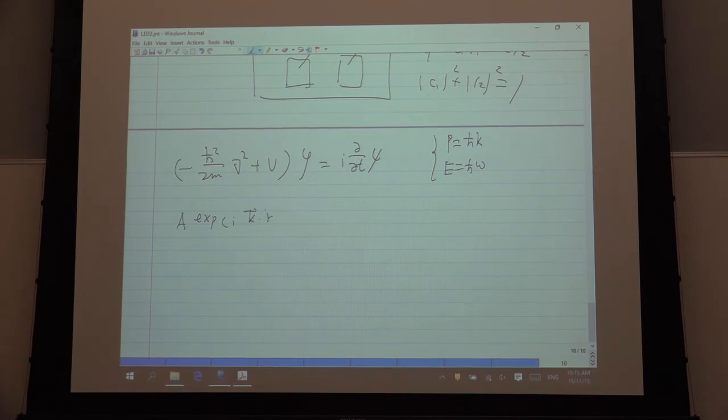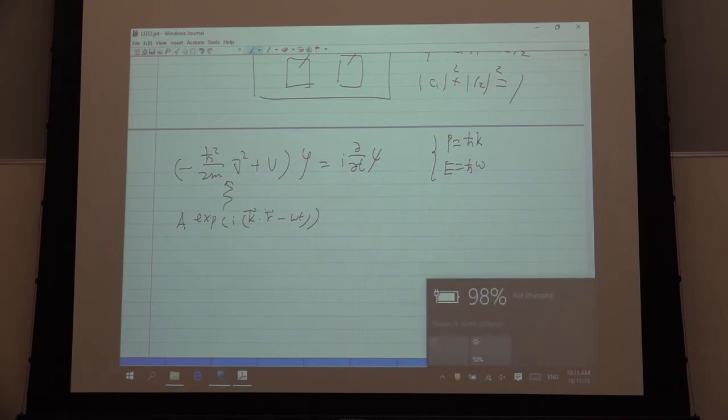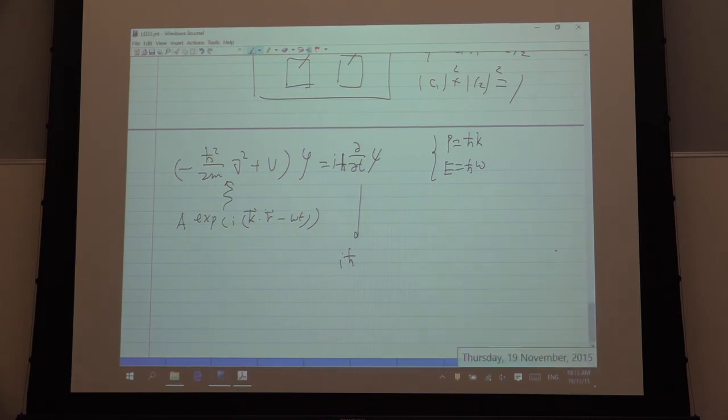You see what happened in the Schrodinger equation, with the K dot R minus omega t here. If I substitute into this Schrodinger equation, what happens? On the right hand side, we get this i h bar.